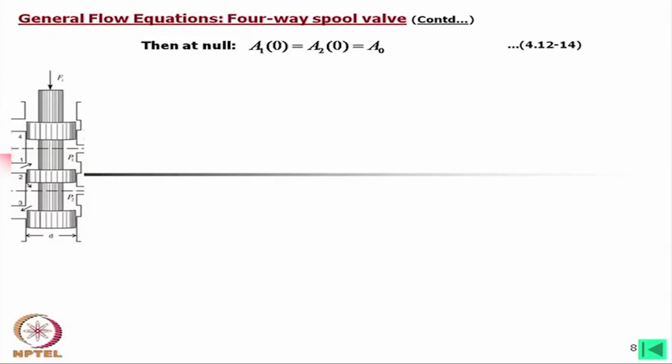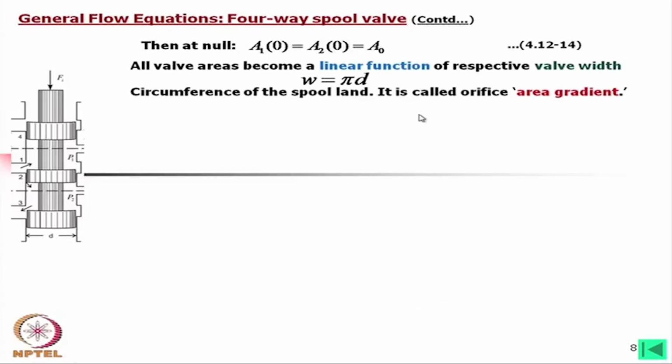So, we are trying to minimize them, and that is why, from the control point of view also, it is preferred that we make the ports matched and symmetric. Then at null position A10 is equal to A20 and A30 is equal to A40. All valve areas become a linear function of the respective valve width.